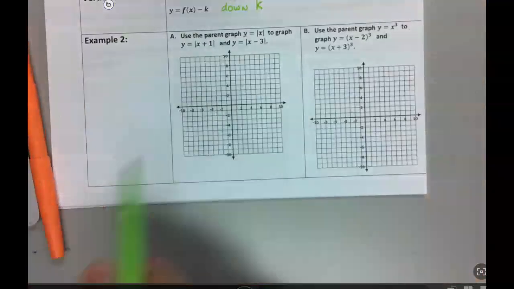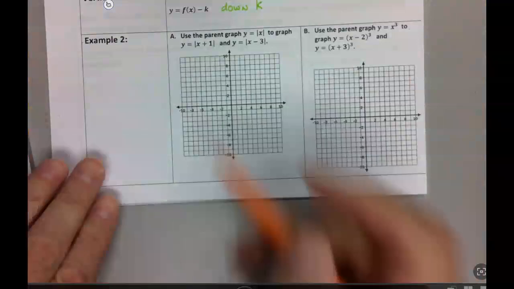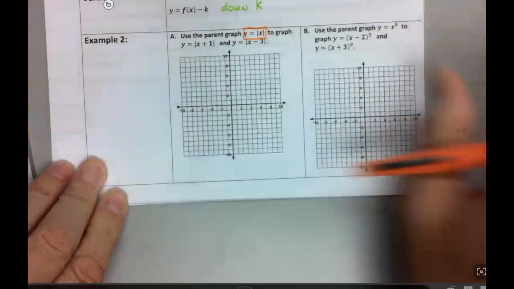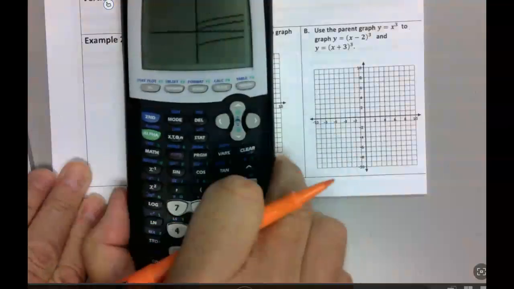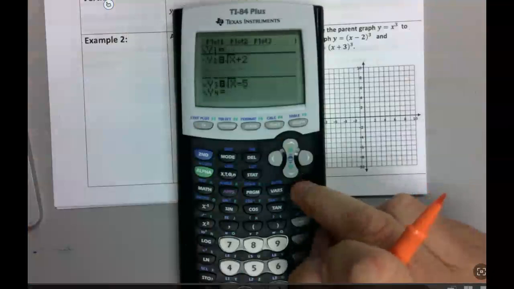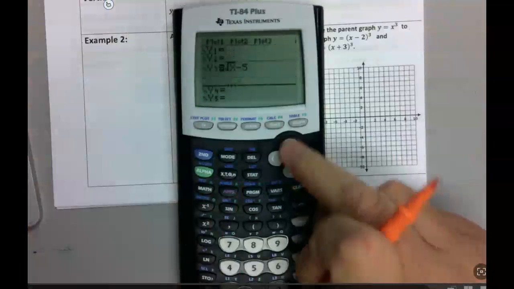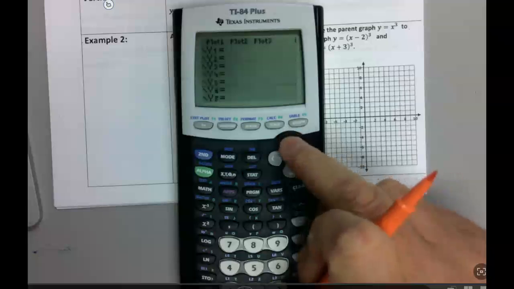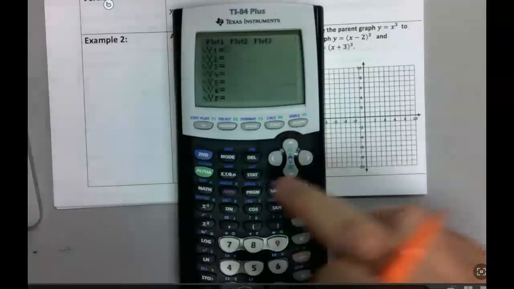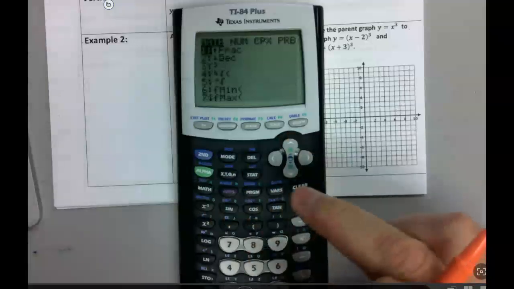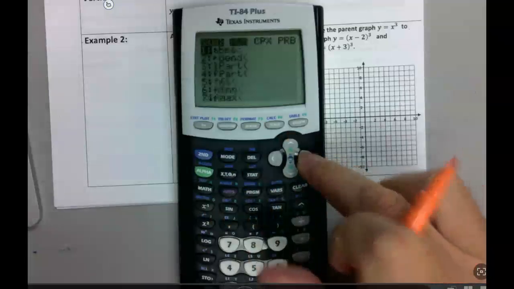Okay, I'm going to do this one here. It's an absolute value function, correct? Agreed? So take your calculator, and we got to clear out all those things we've already put in there. Agreed? So go to math, arrow over to number.